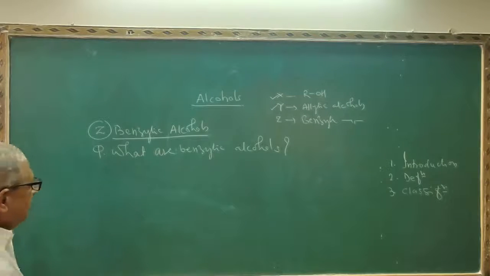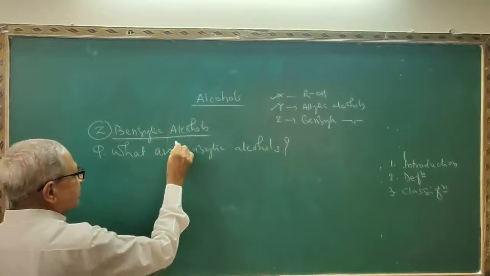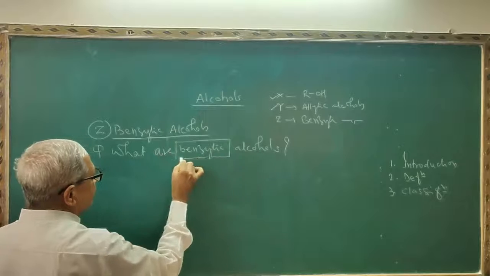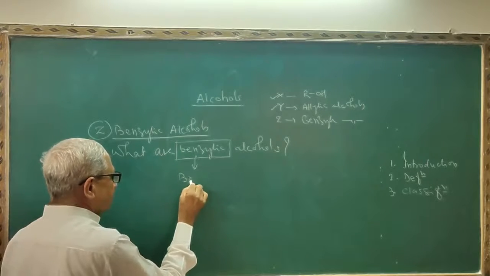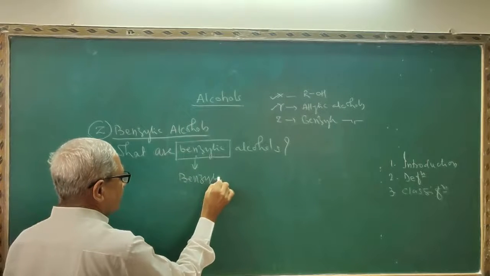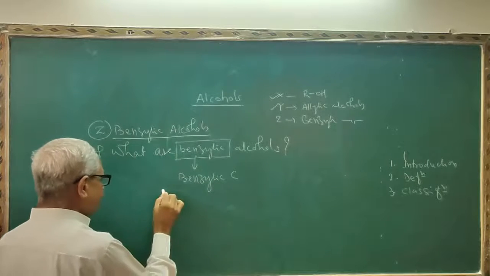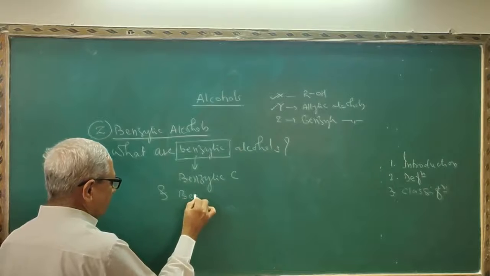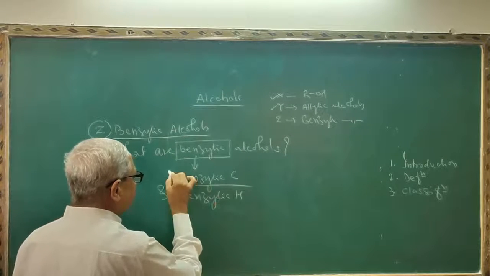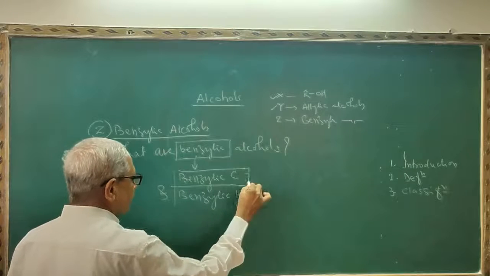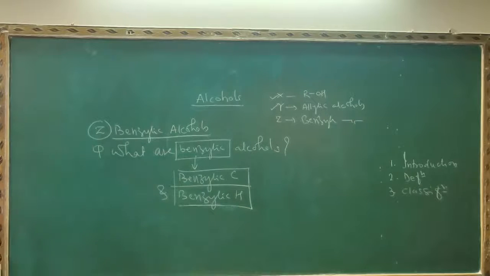First, I will set the point on the benzylic, and here the first point I will explain is benzylic carbon, and the second point is benzylic hydrogen. So these are the two important points here. One is the benzylic carbon and second is benzylic hydrogen.